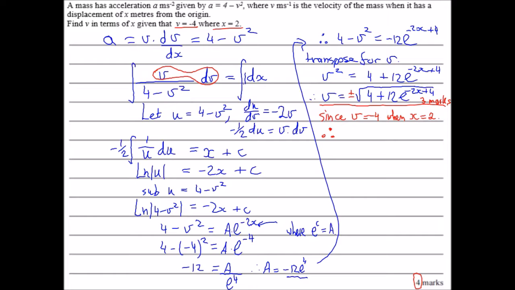It's going to give you a 4, and we must have the negative to make sure it's the correct version. So it's the negative square root that's important for our rule to meet the initial condition. And I think we're done. There we go, and that's our 4th mark, and we're finished.